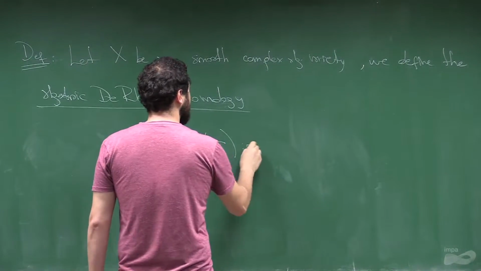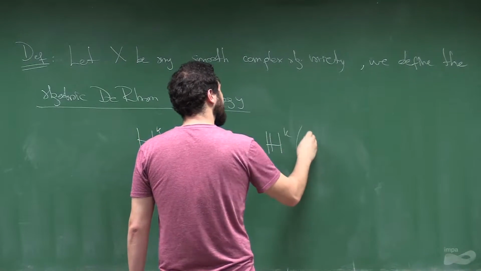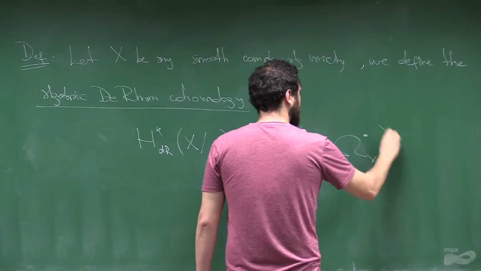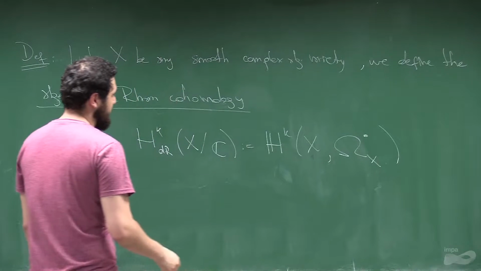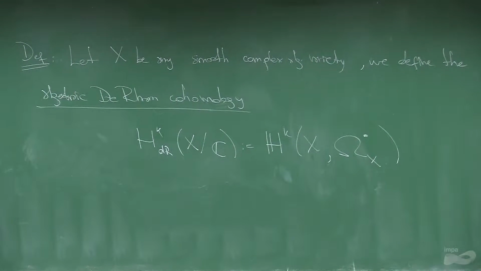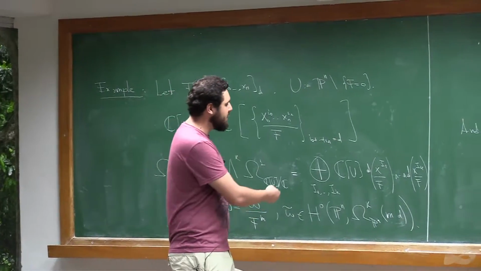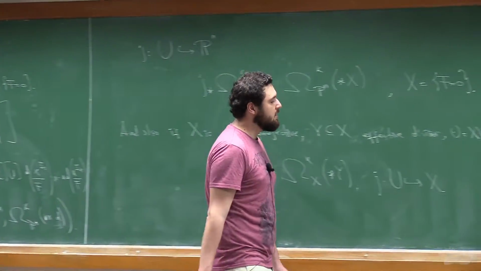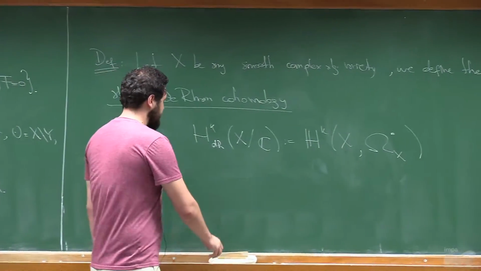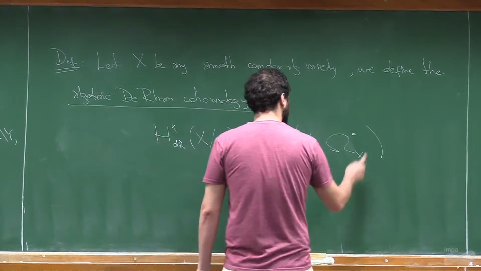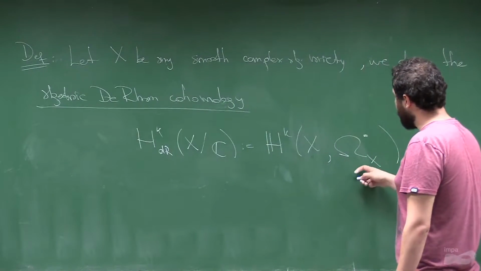It is just the hypercohomology of X with its Zariski topology with coefficients in the complex of algebraic differential forms, right? In the very same way that you define the exterior differential for C-infinity differential forms, you can define it in the algebraic context, and it will also give you a complex, so you have this complex here that is the algebraic de Rham complex on X.